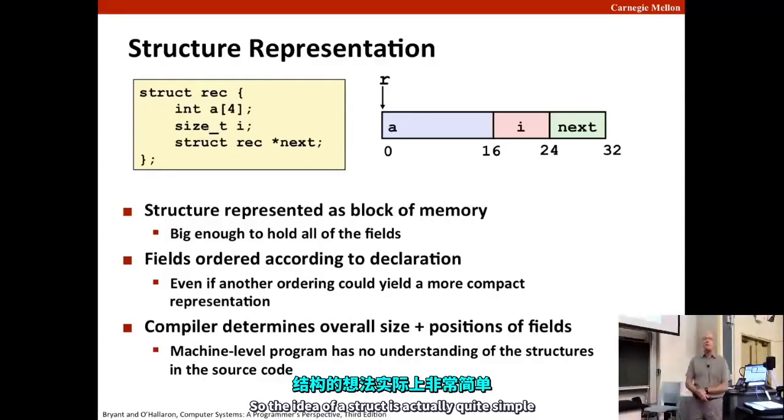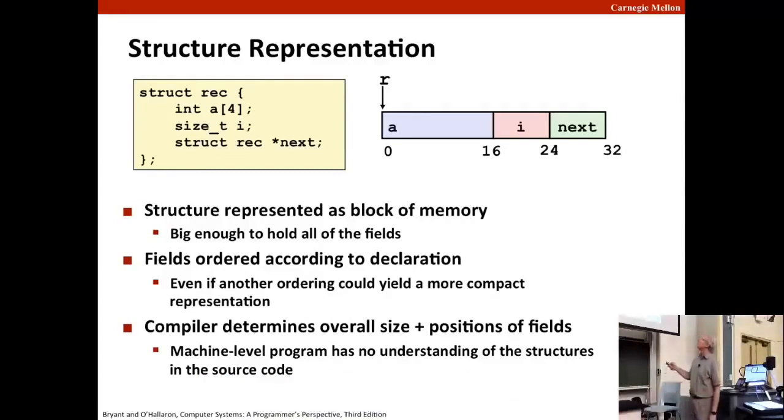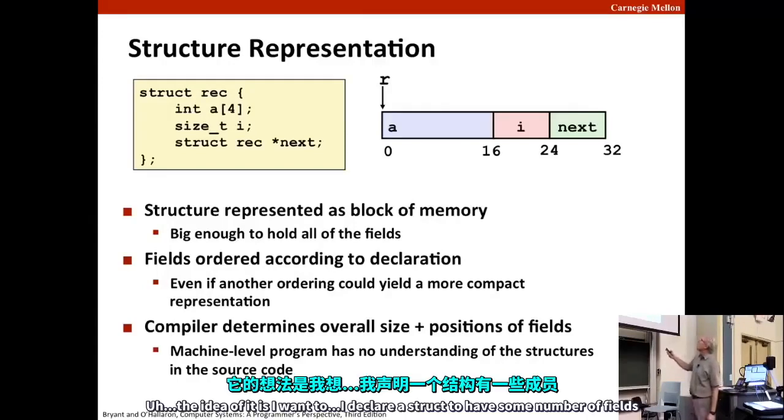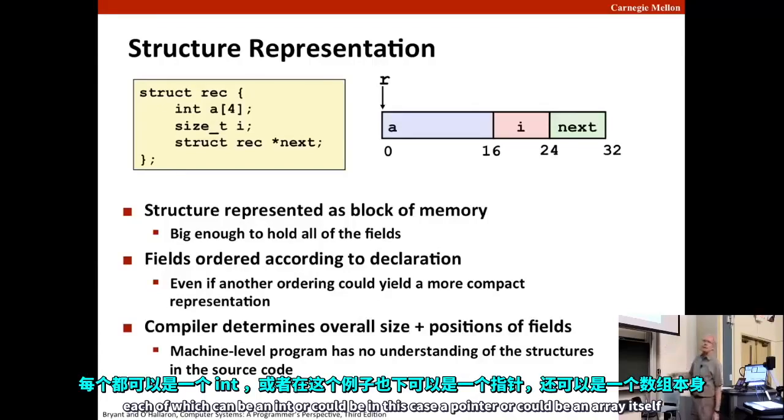So the idea of a struct is actually quite simple. Well, the base idea is simple and it gets more complicated. I declare a struct to have some number of fields, each of which can be an int, or in this case a pointer, or it could be an array itself.